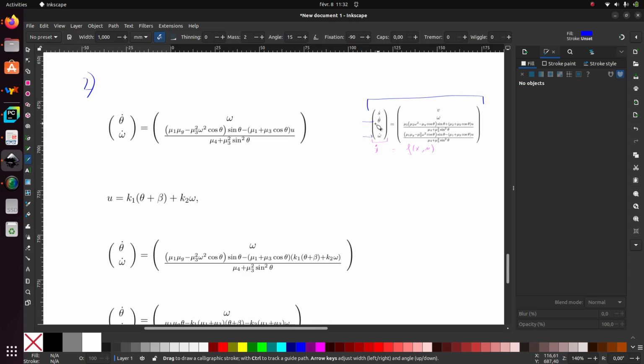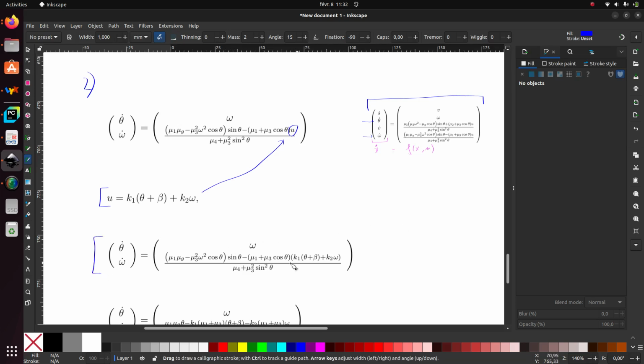So I extract this equation and this one, and I obtain this. And the controller I want to use is this one, and I insert it in this equation. If I do this, I obtain this.